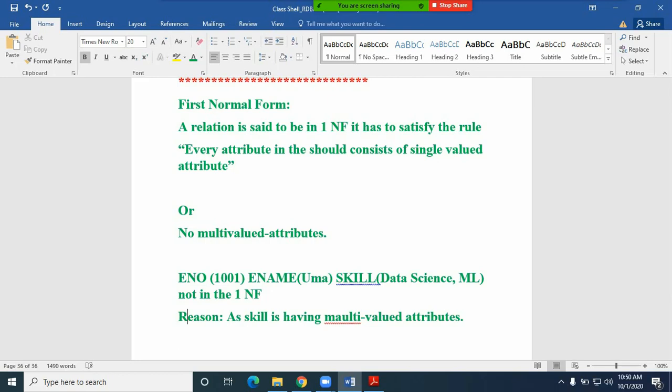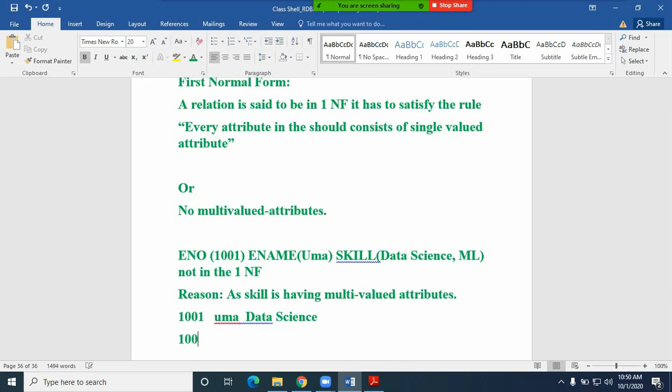So how do we avoid that? Rather than managing that aspect as multiple values, you can split like this: 1001, the name, and the skill of that person, data science, and again split the record, giving the name and this time machine learning.